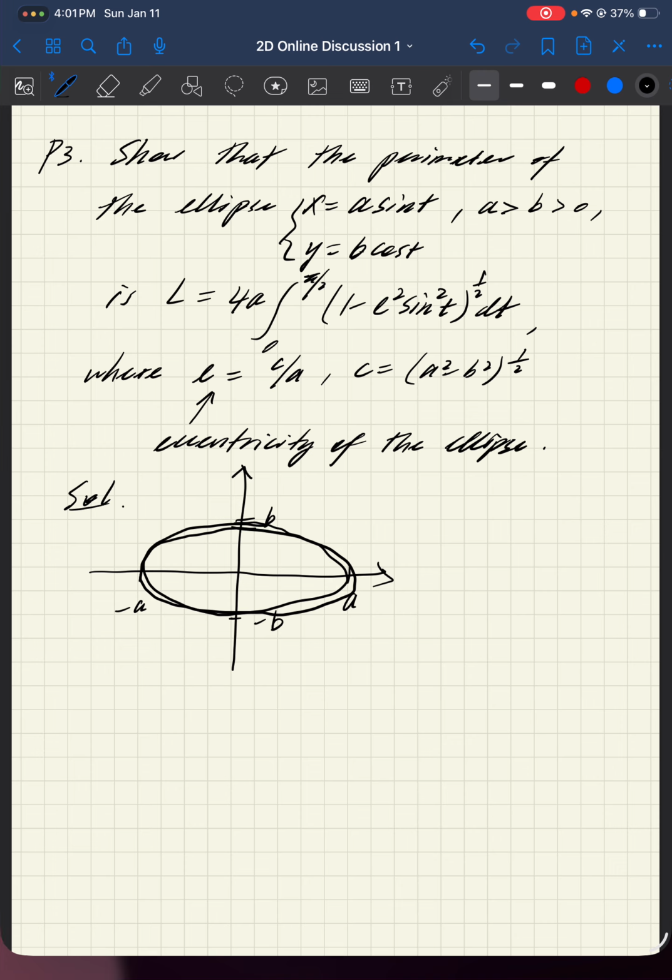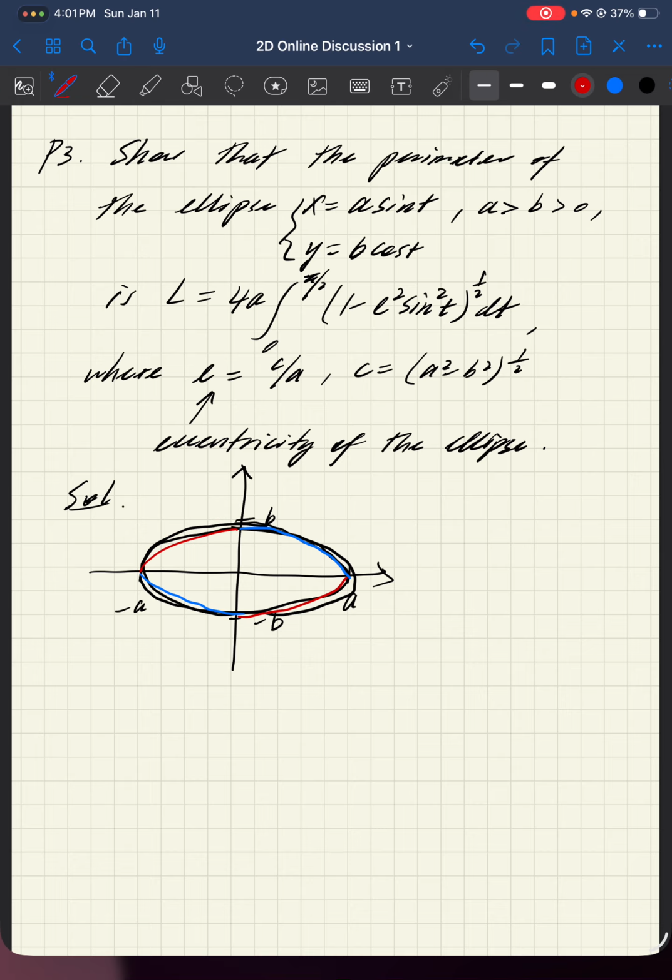Notice that the perimeter is made up of these four parts. Part 1, part 2, part 3, and part 4, right?